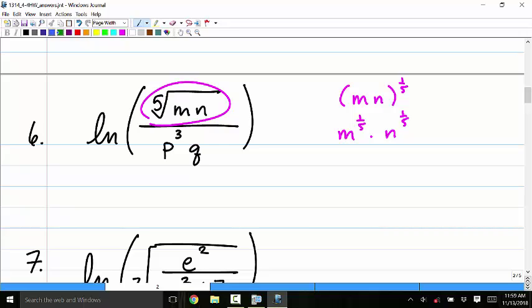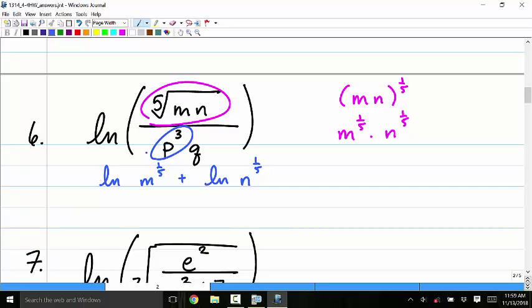Okay, so I can write this as, actually I'm going to do 2 steps, ln of m to the 1/5, right here, multiplication, plus ln of n to the 1/5.